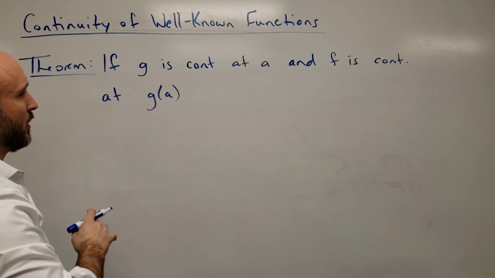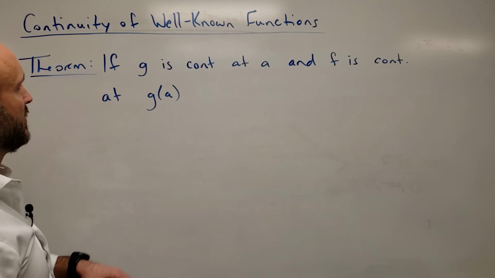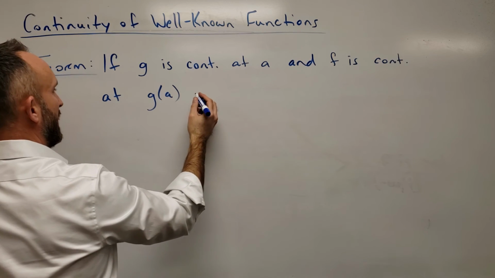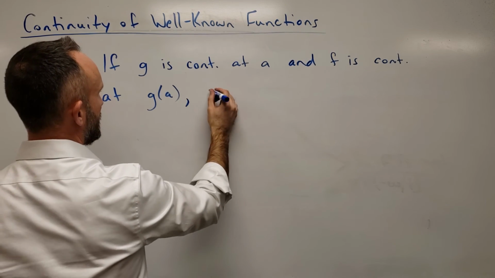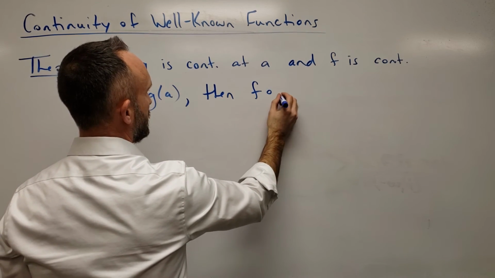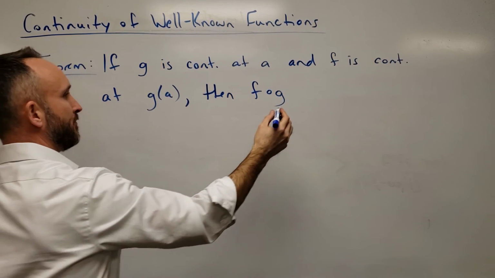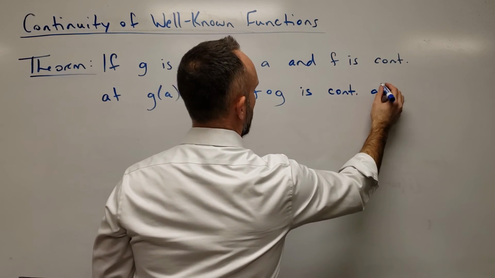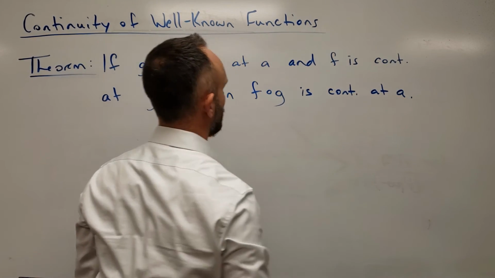Seems kind of weird so far. You'll see where we're going with this. So if g is continuous at a and f is continuous at g of a, then the composition function of those two, f of g, is continuous at a.